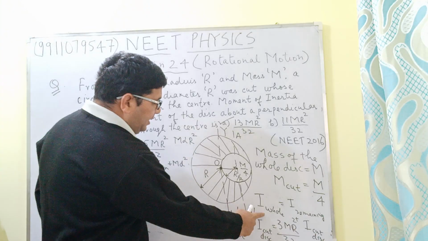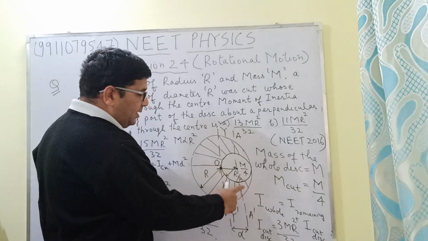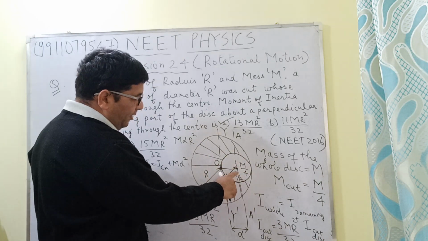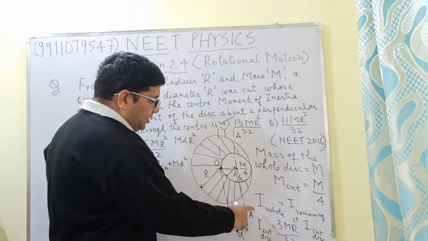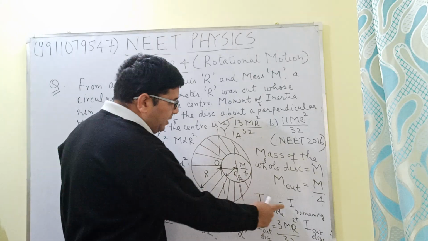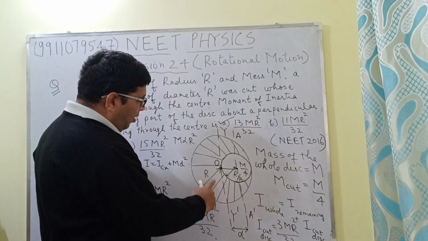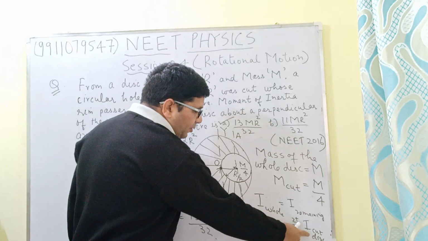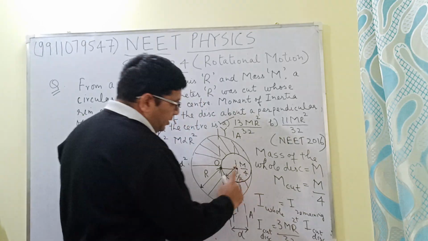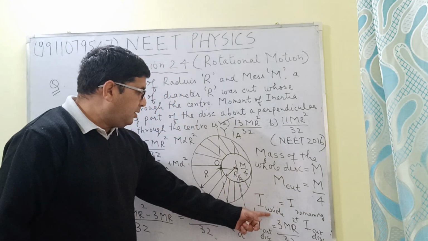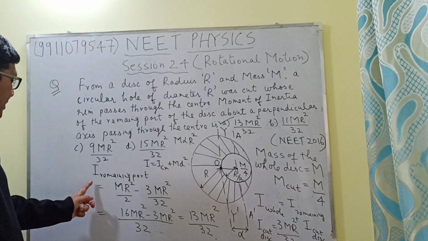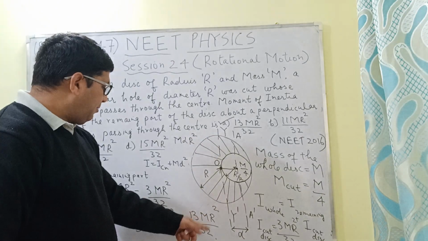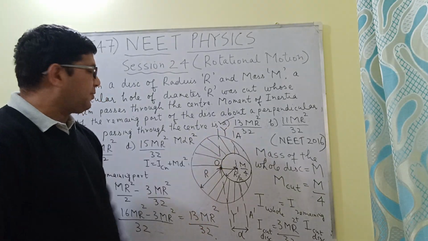Here you can see we have just cut a disc having a radius equal to r by 2 from this whole disc. So the moment of inertia of this whole disc will be equal to the moment of inertia of this remaining part plus the moment of inertia of this cut disc. Using this equation, we have been able to find the moment of inertia of the remaining part, which is equal to 13 mr square divided by 32, and the correct option is A.